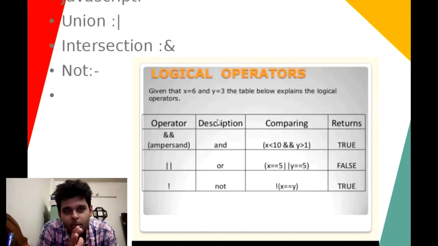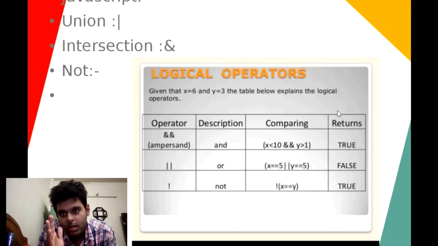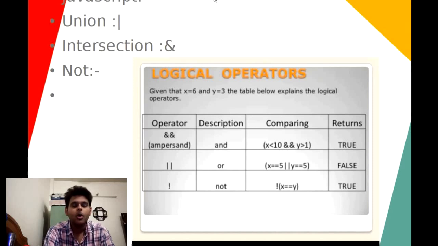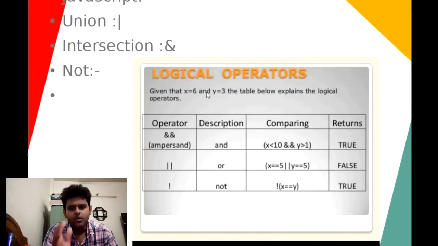In the last tutorial we discussed that comparison operators give a boolean value, and this also gives a boolean value. With a comparison operator we check one value, but logical operators are used for getting the union or intersection for more than one variable.